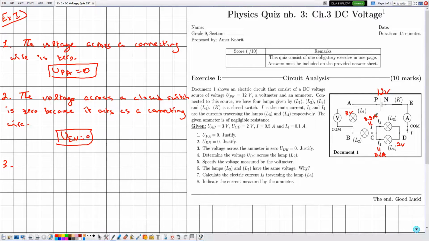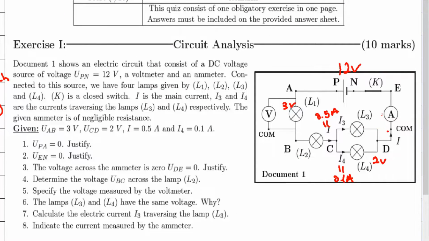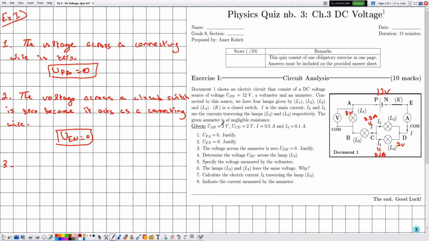Now in number 3 they are telling me the voltage across the ammeter is 0, which is given by UDE. Across the terminals D and E we have an ammeter. Justify. We know that always the voltage across an ammeter is 0 because it is of negligible resistance.